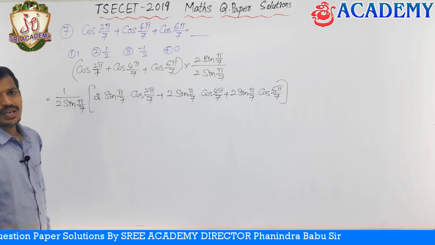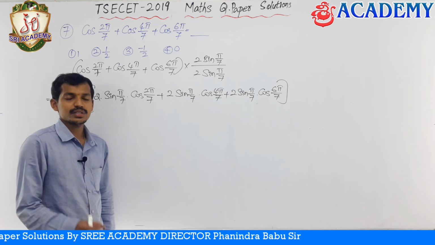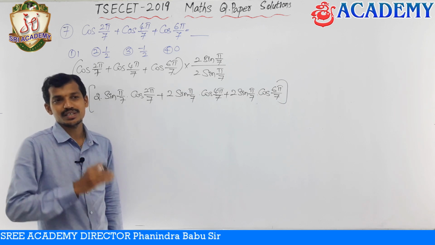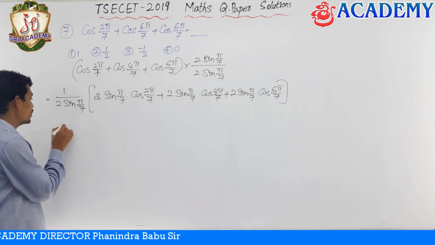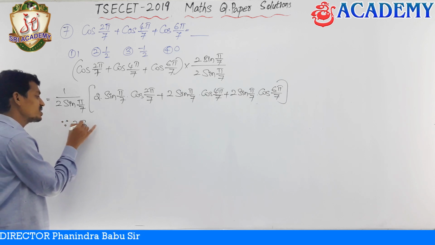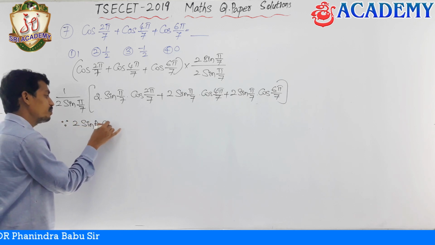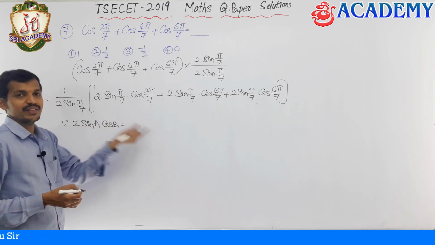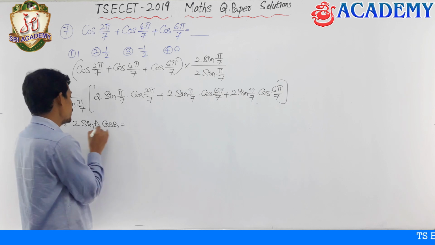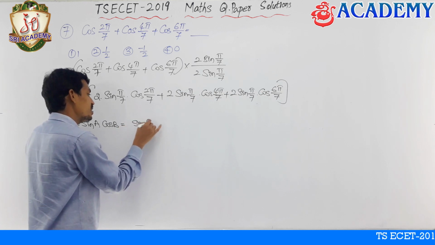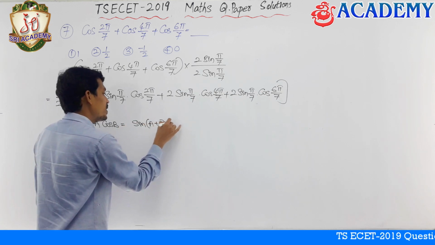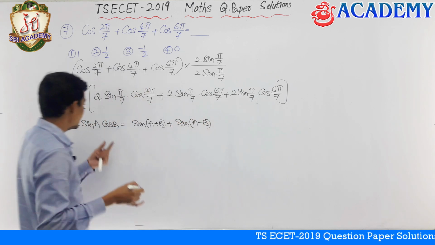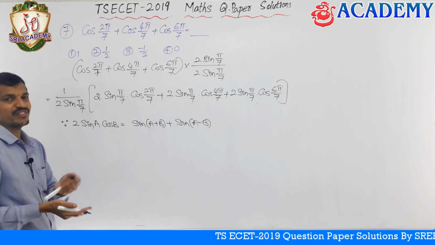We have a formula in trigonometry, from the transformation topic of summation terms into product terms or product terms into summation terms. From there we have one formula: 2 sin A cos B equals, converting the multiplication terms to summation terms, sin of A plus B plus sin of A minus B. We can write cos A sin B as a different formula.